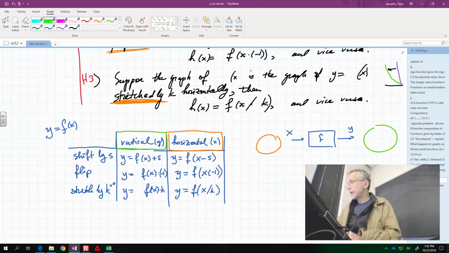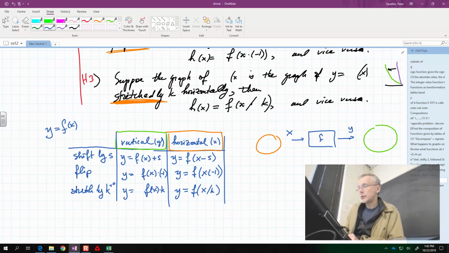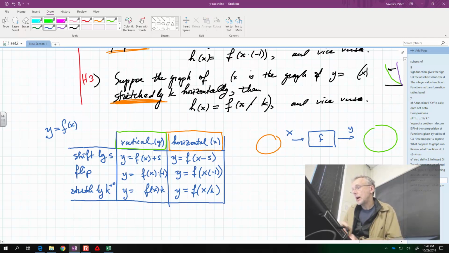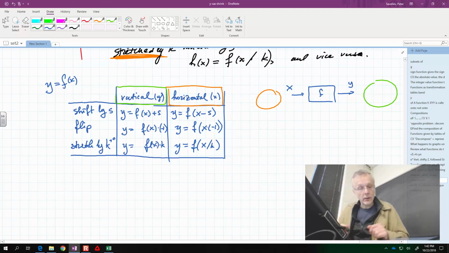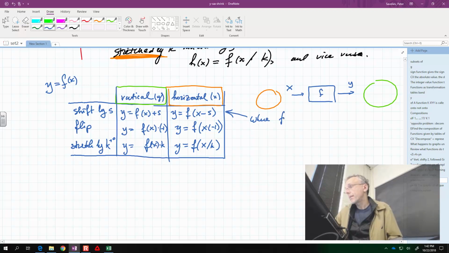So if we take another look at this table over here, and the difference between the vertical and horizontal behavior, rather, changing y versus changing x affects the geometry in such a different way, and vice versa. Let me just remind you of where the formula comes from.